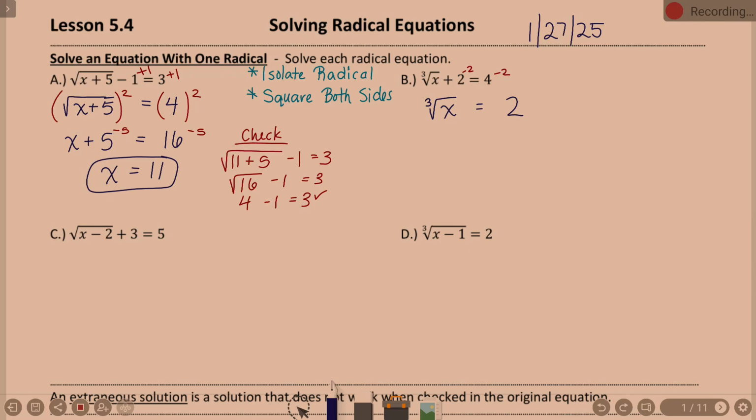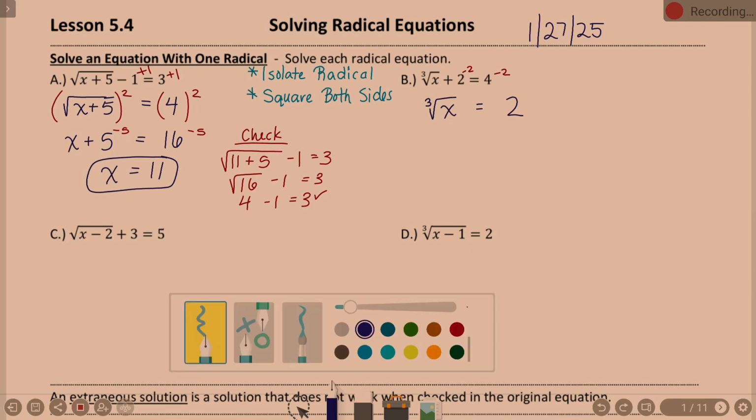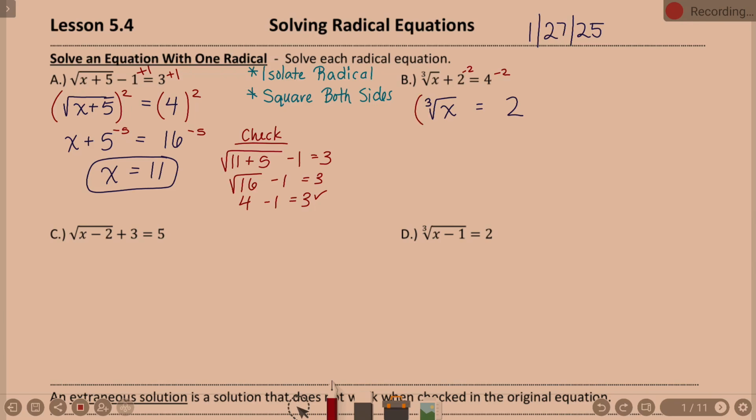Now what? Cube both sides. Why would it be cube? Because it's a cube root. Last time we said once you got the radical by itself, we squared it, because it was a square root. This time it's a cube root. So once you get the cube root by itself, we're going to cube it.